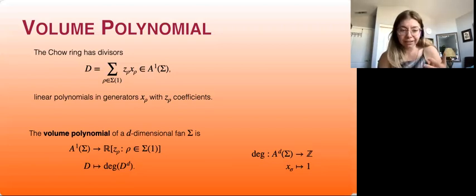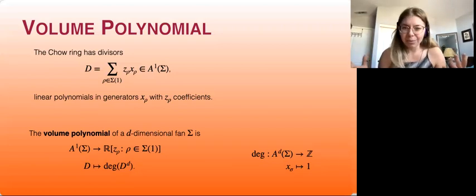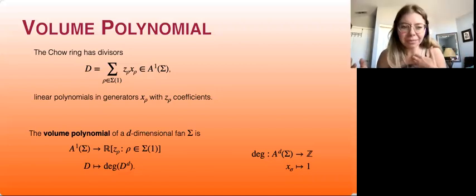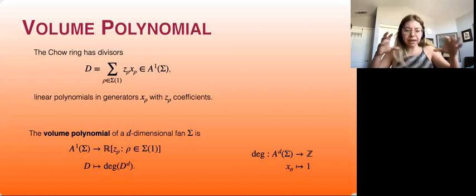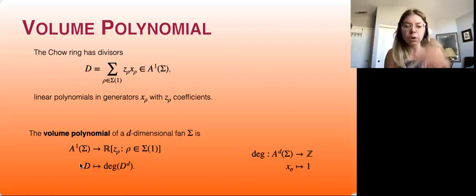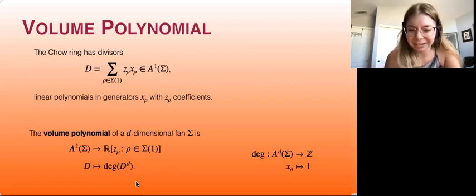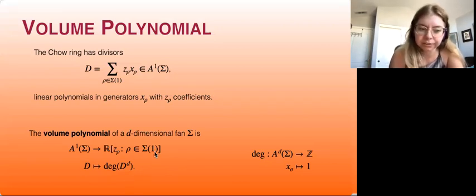It's not obvious that, this construction feels a little arbitrary, like, okay, we have some degree map, but one of the big results of Adiprasito, Huh, and Katz is that the volume polynomial fully characterizes the Chow ring. So this construction actually tells us a lot and holds a lot of structure in it.